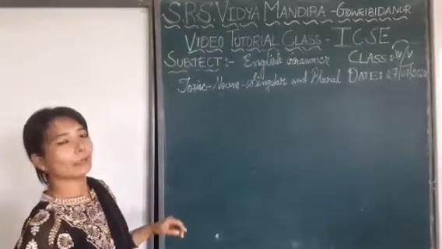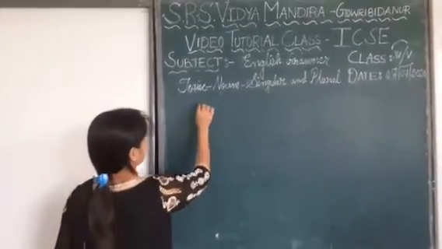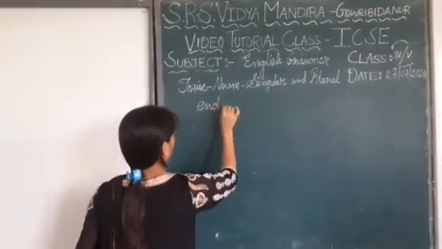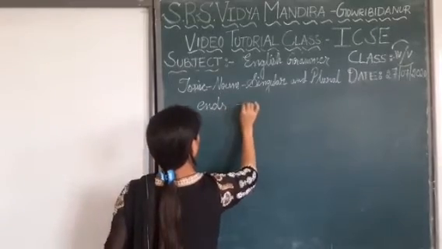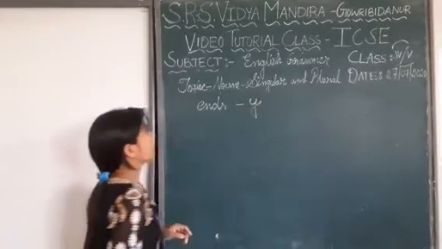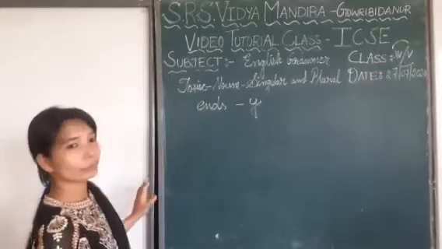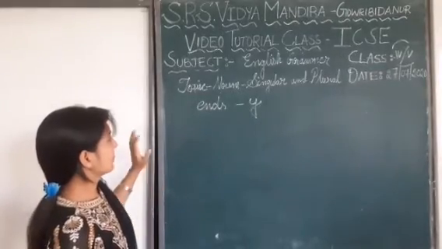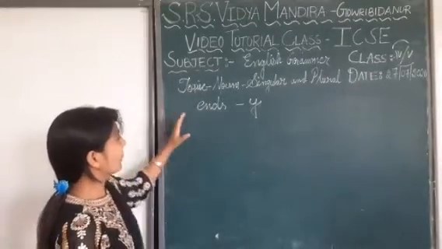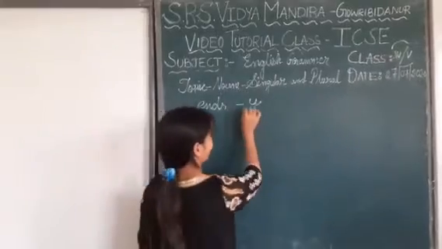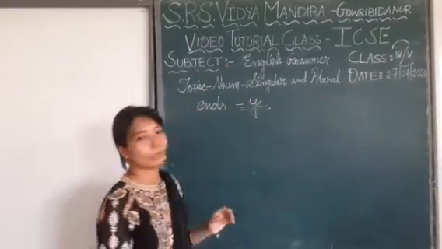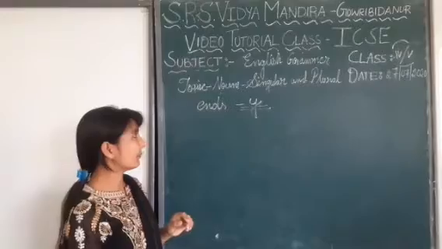But what happens when the word ends with y? What happens to such a word when changing from singular to plural? When the word ends with y, you have to check what the letter is before the y.